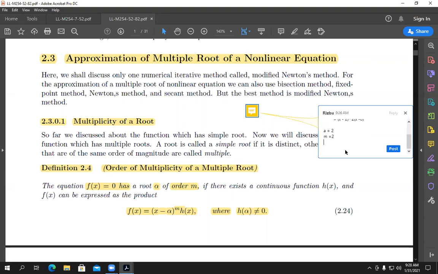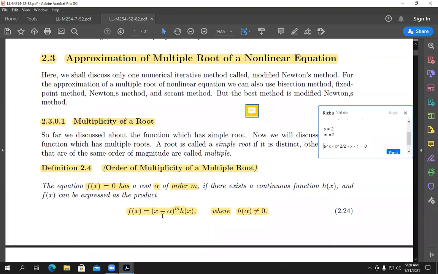Now, as I told you, this is very difficult to factorize. For example, let's say we have e power x minus x squared divided by 2 minus x minus 1, equal to 0.